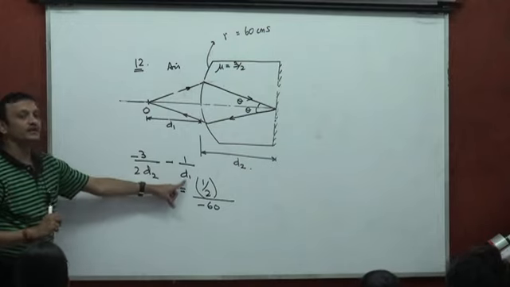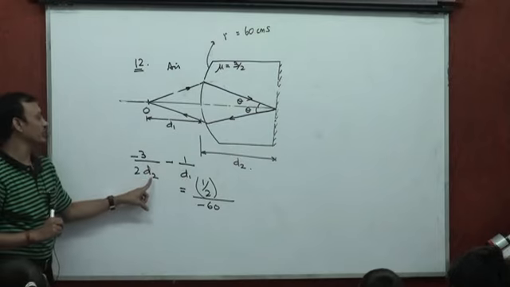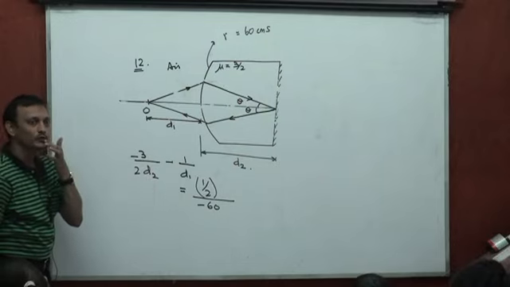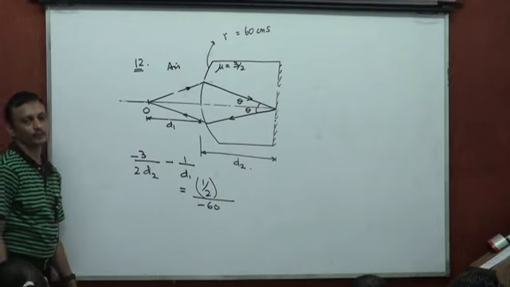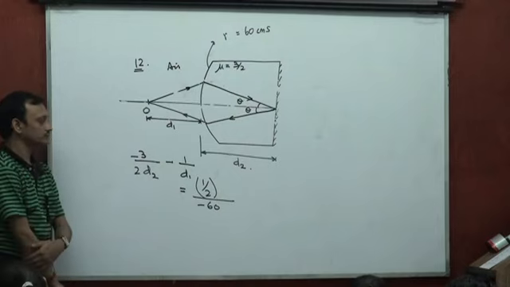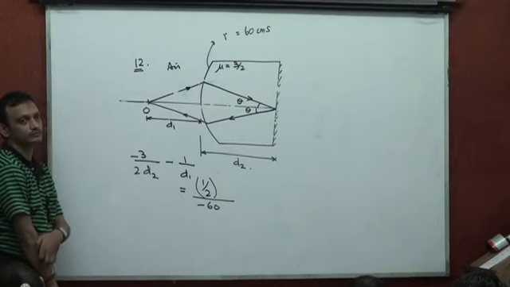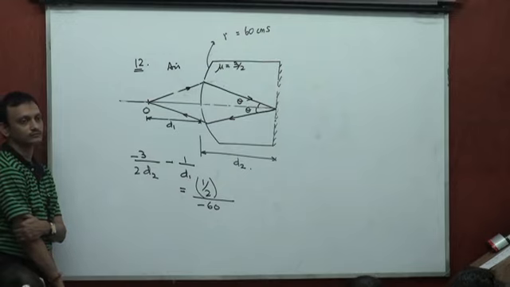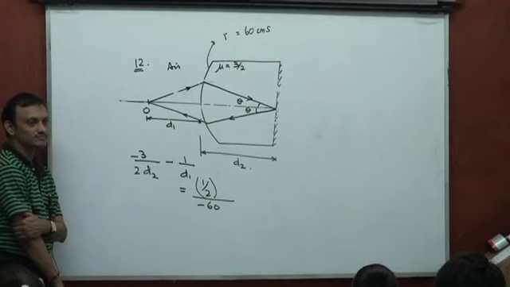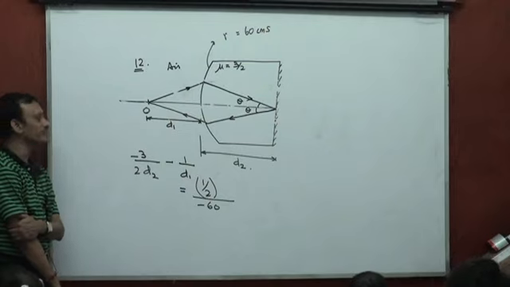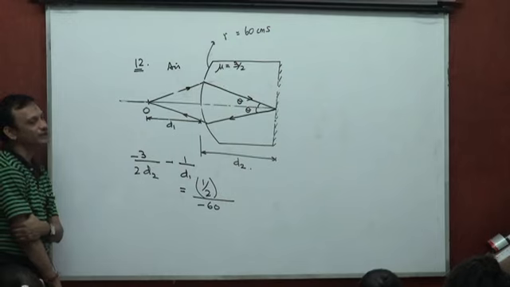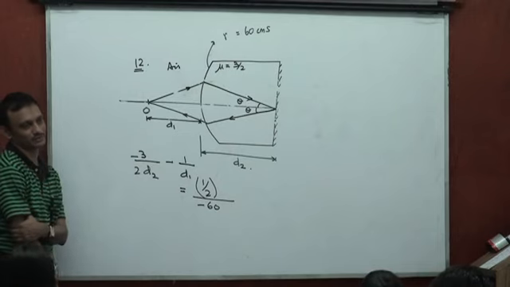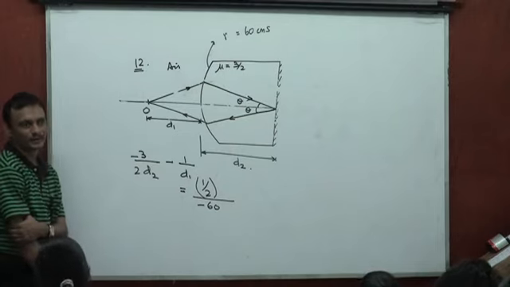Now put D1 equal to 240. What do you get for D2? 360? Right. It means if D1 is 240 and D2 is 360, then also this can happen. You got my point?